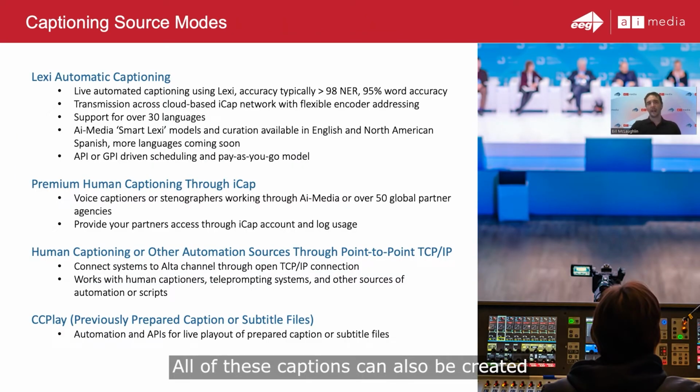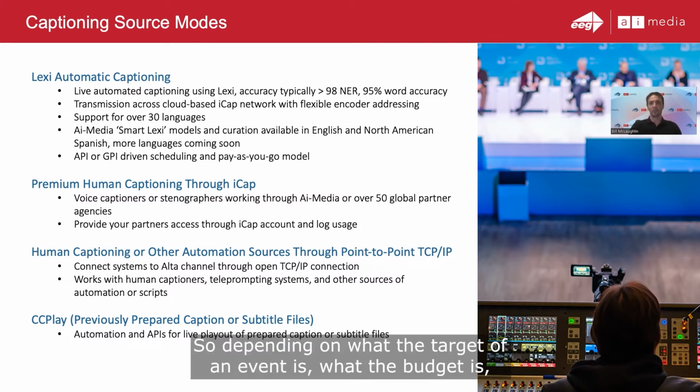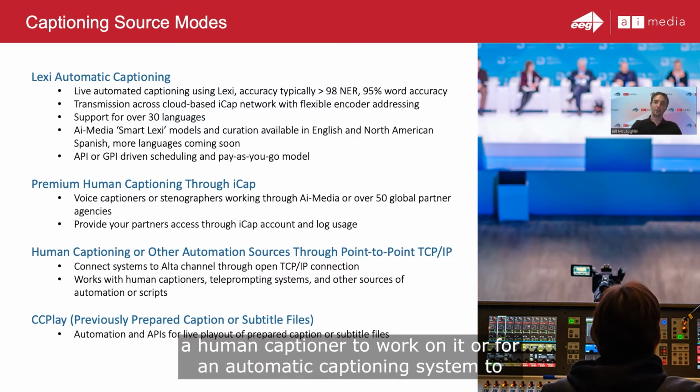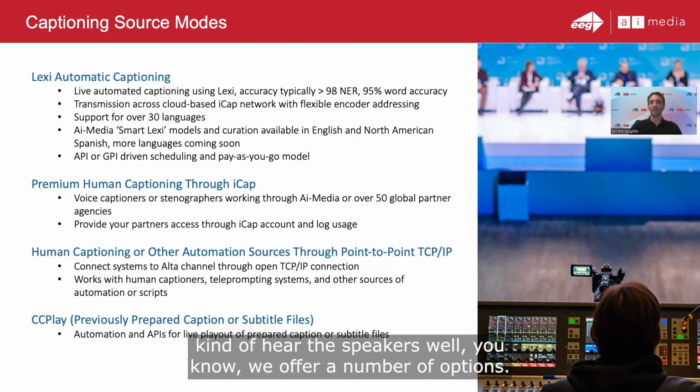All of these captions can also be created by a variety of caption sources. Depending on what the target of an event is, what the budget is, what the topic matter is, and how difficult we think it's going to be for a human captioner to work on it, or for an automatic captioning system to hear the speakers well, we offer a number of options.